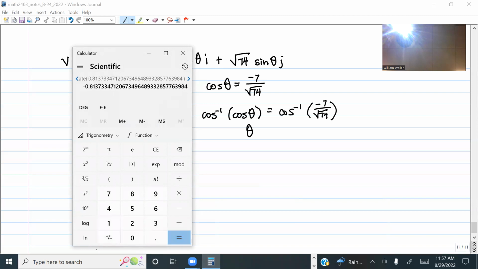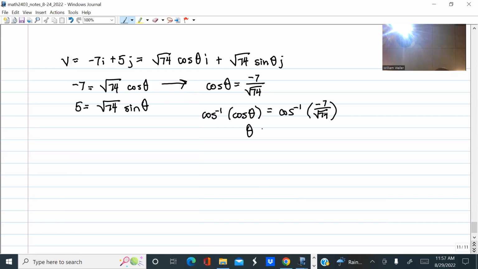So this turns out to be minus 0.81, approximately. And I want to know what's the inverse cosine of that number. So let's go up to our trig, and I think it's second, inverse cosine, and it comes out to be 144.46 approximately. So that's in degrees.